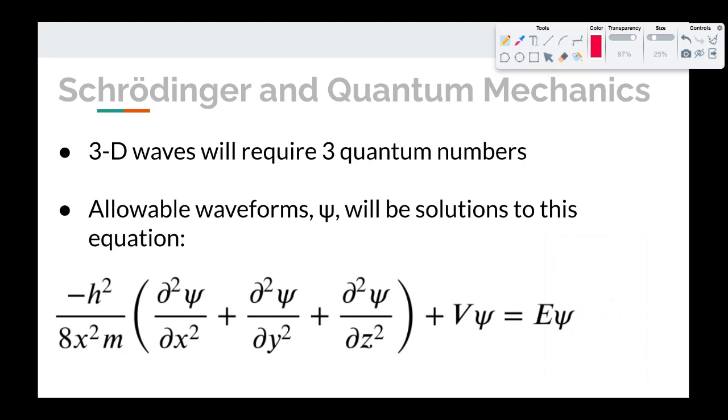So the equations that you work with in the algebra classes and pre-calc, things that you have taken now, if you solve the equation, the solution is a number, or maybe sometimes it's a few numbers, like in a quadratic equation. In a differential equation, the solution to the equation is an equation. It's a function. And the function here, in this case, is given by psi, this Greek letter psi.